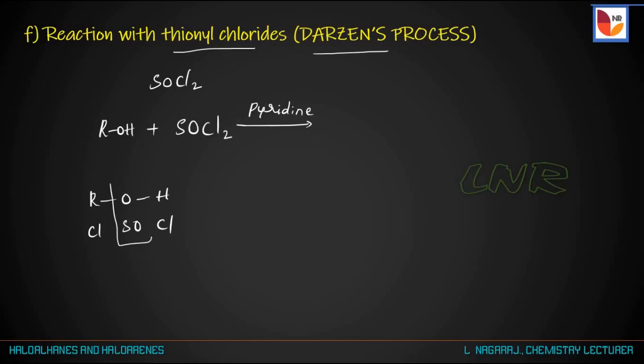That is, the products are the main product, that is RCl plus SO2 plus HCl. That is, when the alcohols react with the thionyl chloride in the presence of pyridine, it gives haloalkanes.